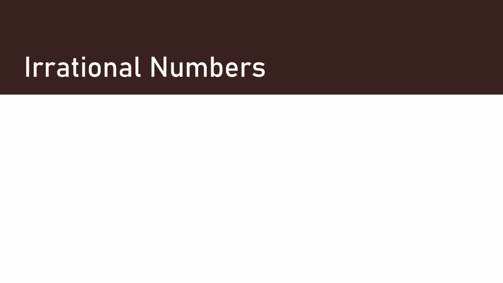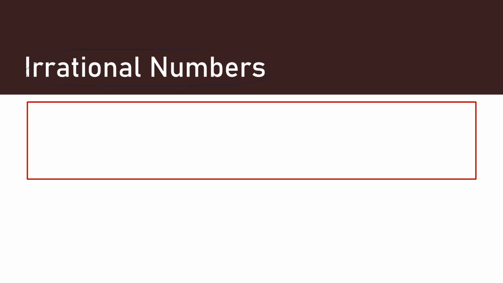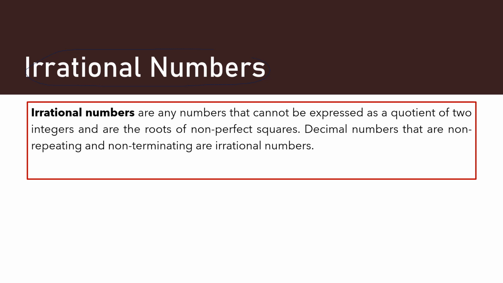This time we will discuss irrational numbers. Irrational numbers are any numbers that cannot be expressed as a quotient of two integers and are the roots of non-perfect squares. A while ago, rational numbers can be expressed as the quotient of two integers, right? This time, irrational numbers cannot be expressed as such.